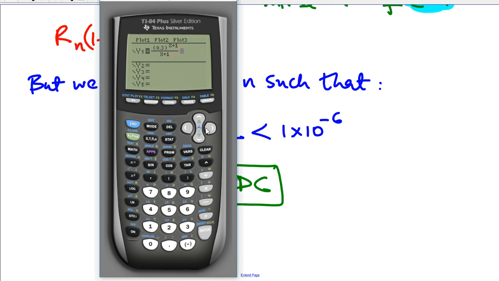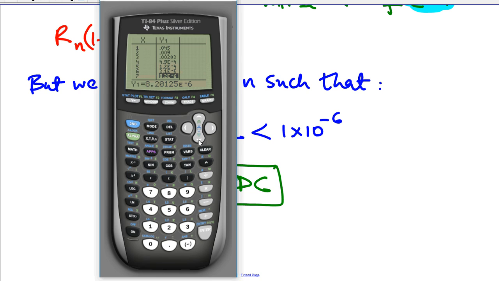Then go to the table, and we want to investigate what will be the value of n such that the error is less than 1 times 10 to the power negative 6. So let's keep on going.